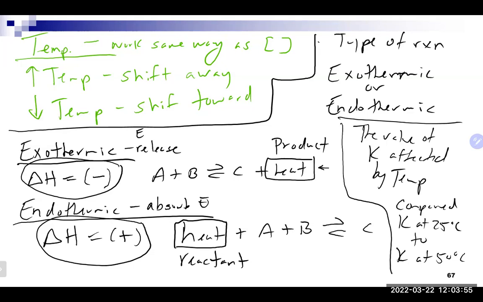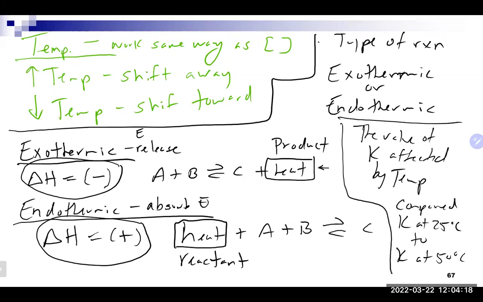But if you kept it constant at 25 degrees all the way through, the K value would stay the same. If you kept it constant at 50 degrees all the way through, the K value would be the same. But comparing the K value at those two different temperatures, you will get different values. Any questions on temperature here?